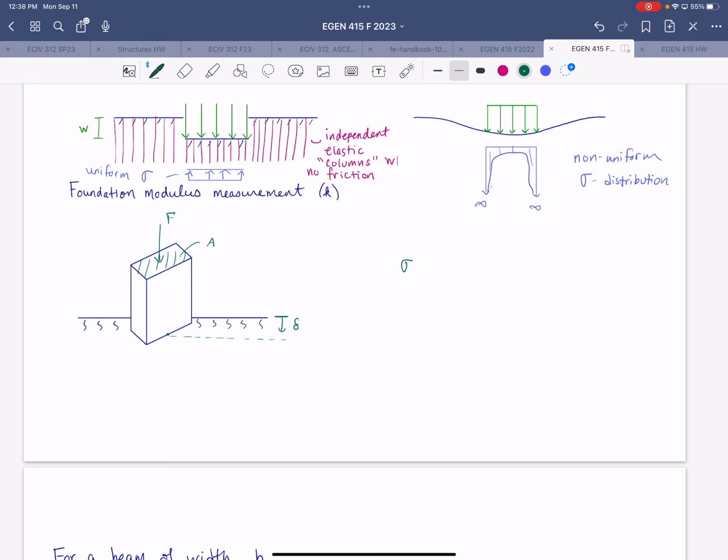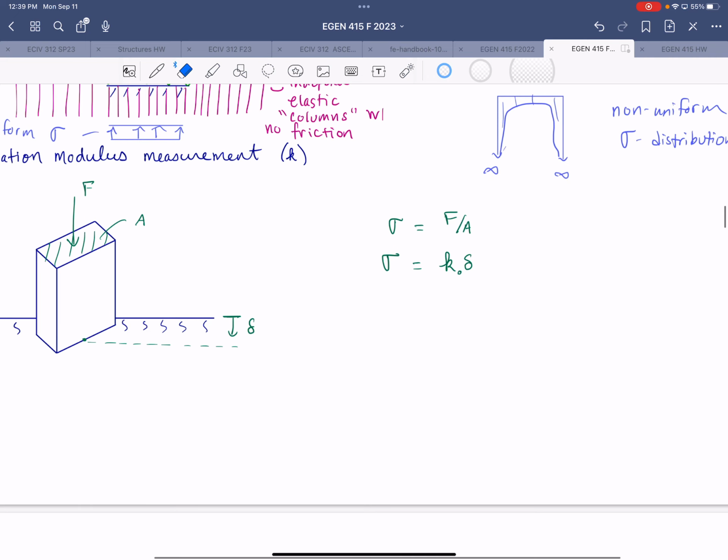We can write the normal stress, of course, as F over A. The normal stress is also going to be equal to the stiffness modulus of the foundation times delta. I'm going to add a subscript 0 to the lowercase k for now.